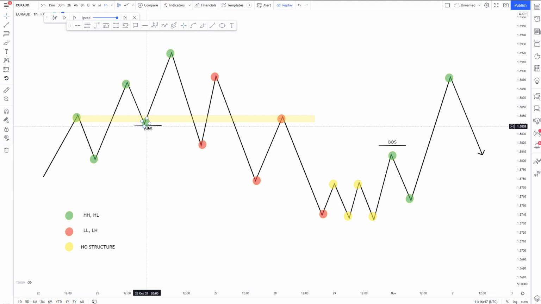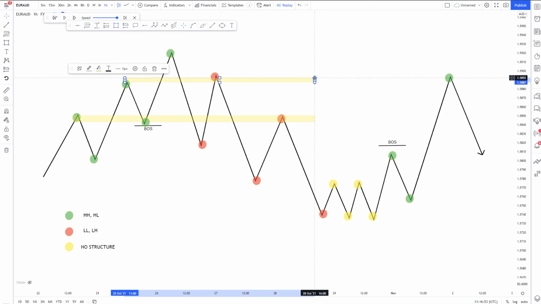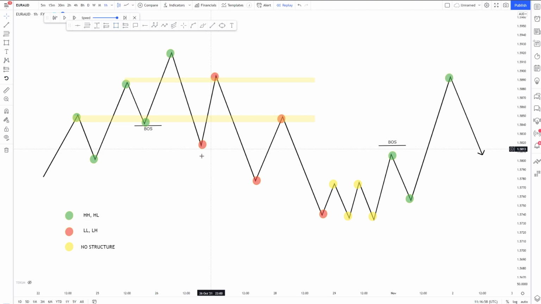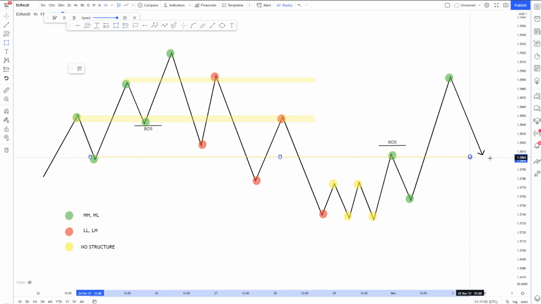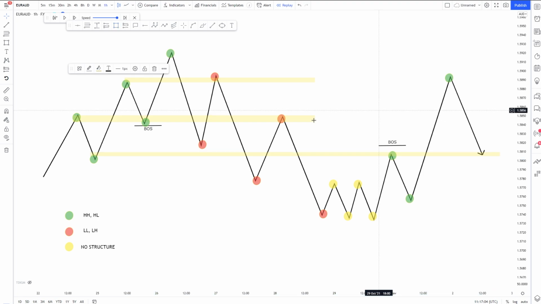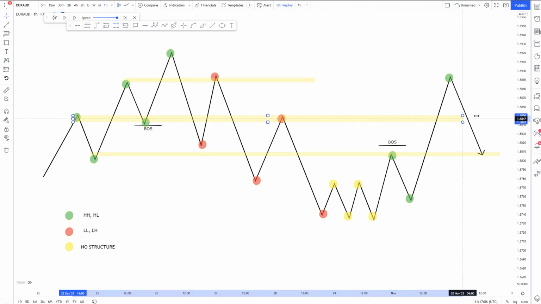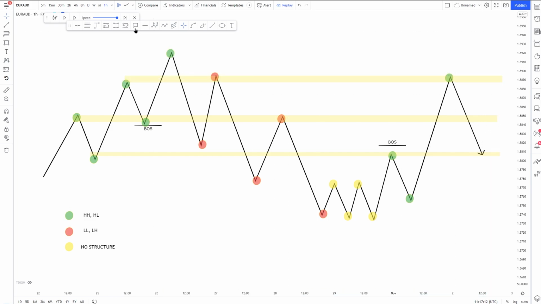This is the break of structure, and the previous higher high, as you can see, was retested, basically acting like a resistance again. This will happen over and over again, and if you just extend this, higher highs and higher lows, and make it like a resistance area, you will see on your chart that this will become support and resistance over and over again. So you can use that to your advantage.